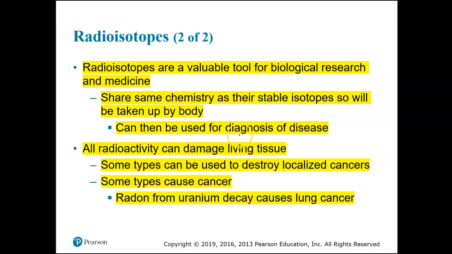And some radioisotopes can be used for diagnosing disease. If you're getting a thyroid scan, you will be given an injection of a radioisotope of iodine.